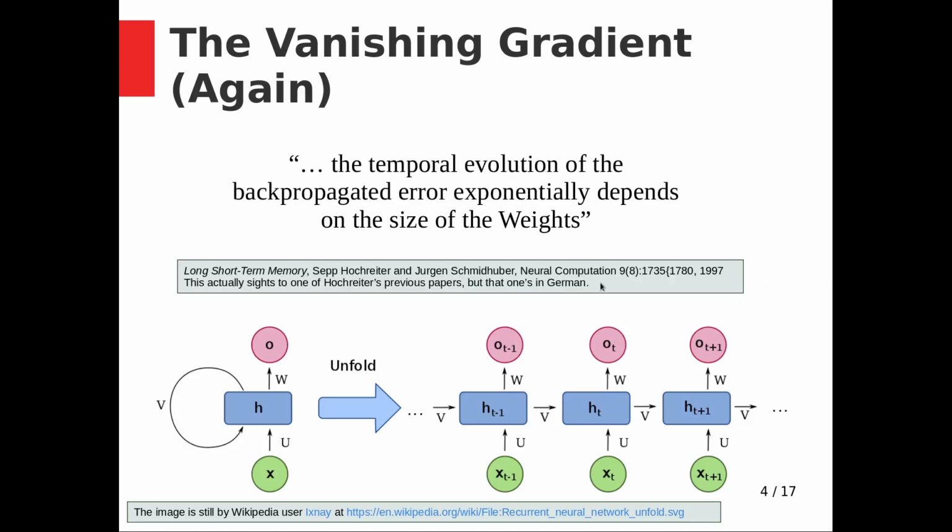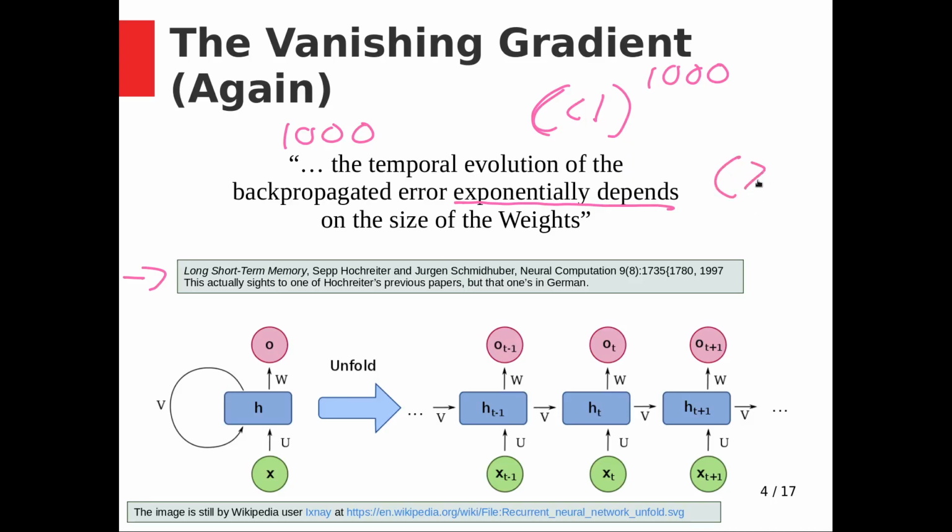That means, to quote the original long short-term memory paper, this one, that the error exponentially depends on those weights. Our error signal potentially gets multiplied by the same weight over and over and over again. So if one of the recurrent weights is less than 1, and we have 1,000 elements in the sequence, then we might have a term of less than 1 to the 1,000th power in there, which will obviously cause that error to vanish.